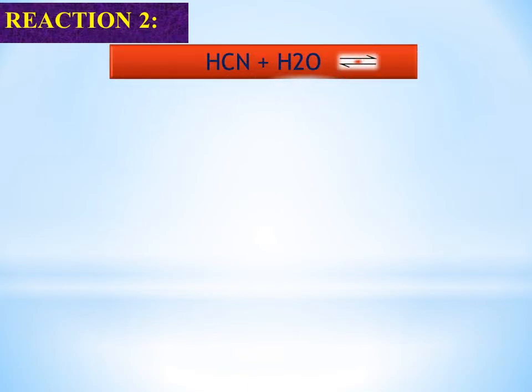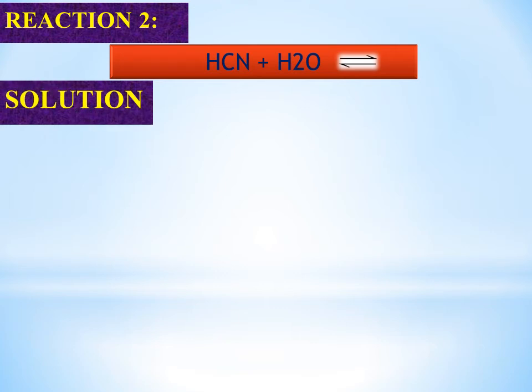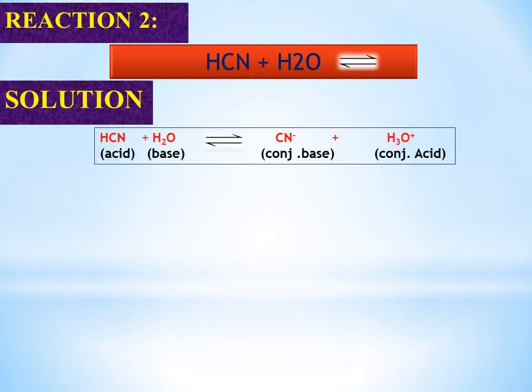Okay, so now let's go to reaction number 2. Reaction number 2 is when hydrogen cyanide reacts with water, what will be their solution? Okay, so now look at this reaction. When hydrogen cyanide reacts with water, it will give cyanide ion and hydronium ion. Why? Because this hydrogen cyanide has a positively charged proton and this water has oxygen which has an electron pair.